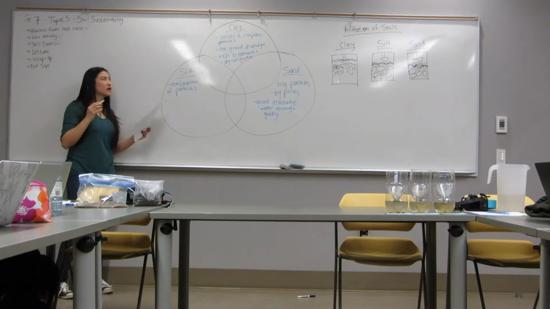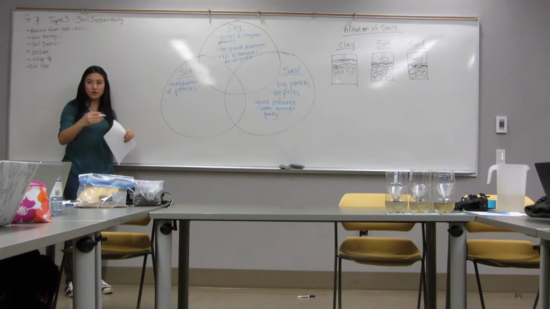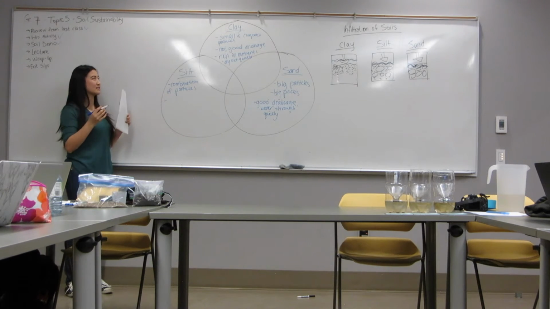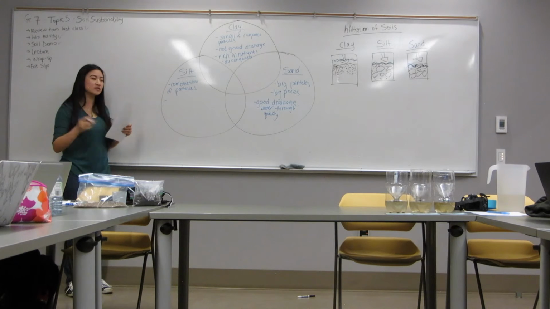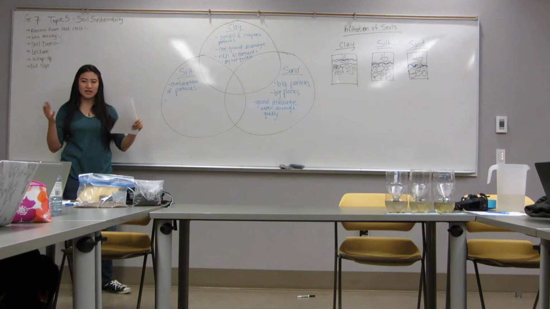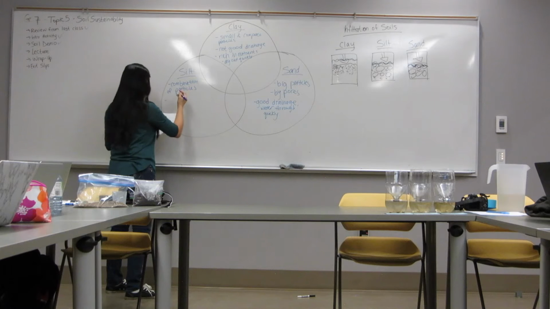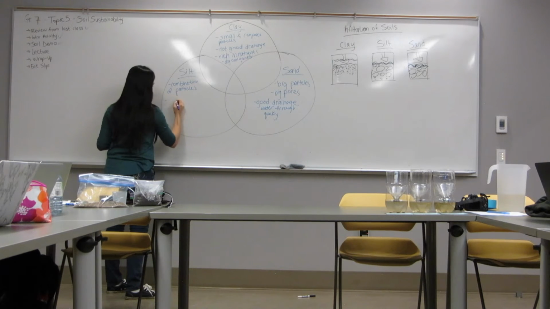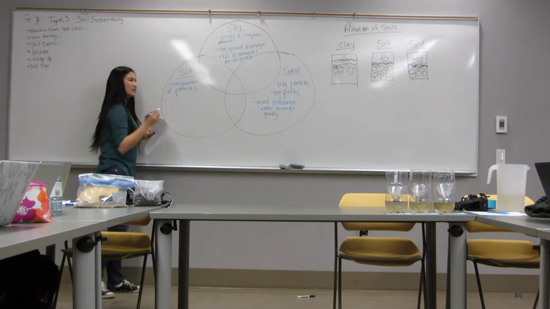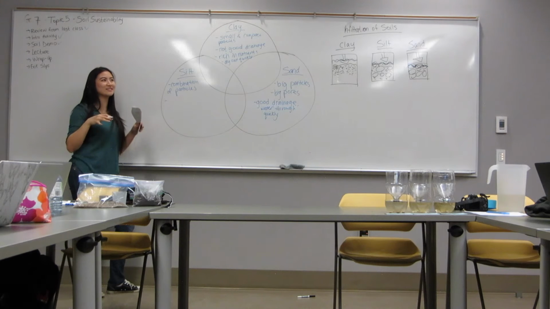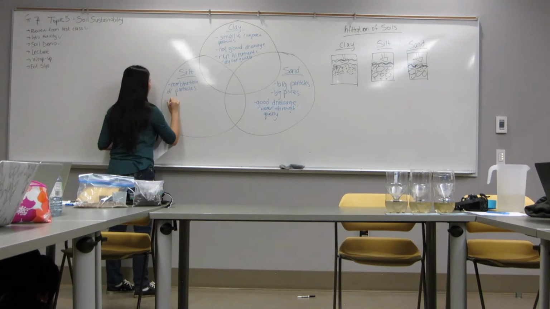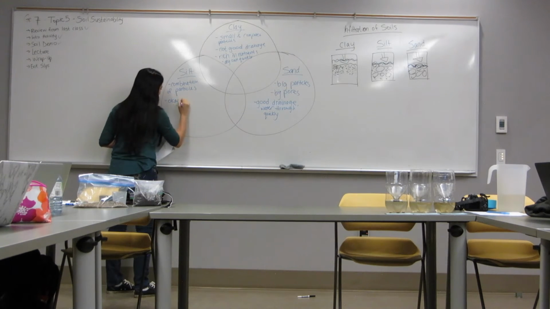Yeah, it would, but then it wouldn't, because water can go through it, but it wouldn't hold as many nutrients. There are pros and cons to it. So, how do I put this? It is okay for gardening.